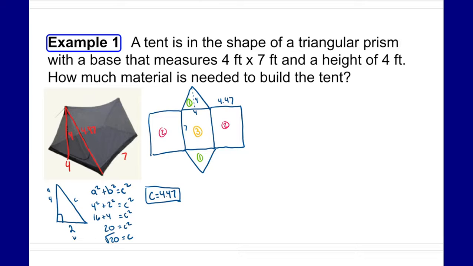Now that I've recognized that, I can go through and find the individual areas. Base for the triangles, base times height divided by 2. 4 times 4 divided by 2 equals 4. Oh wait, no, my mistake. 4 times 4 is 16 divided by 2 is 8. My mistake. Feet squared.